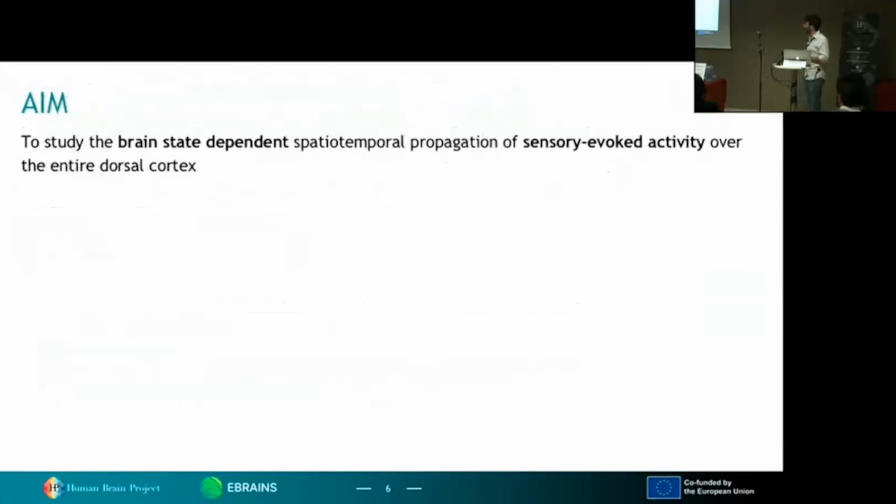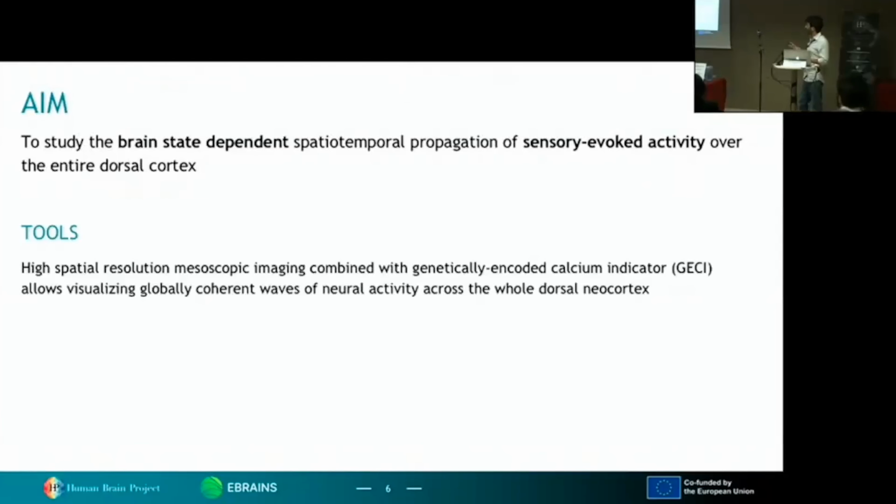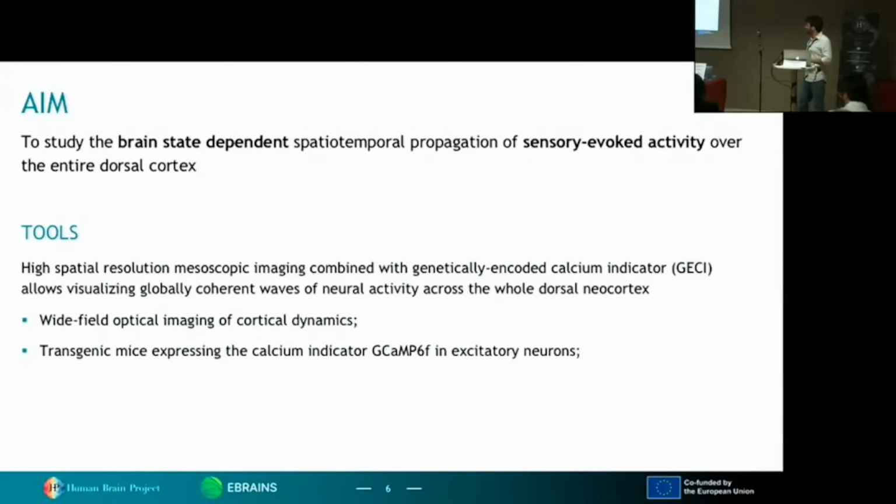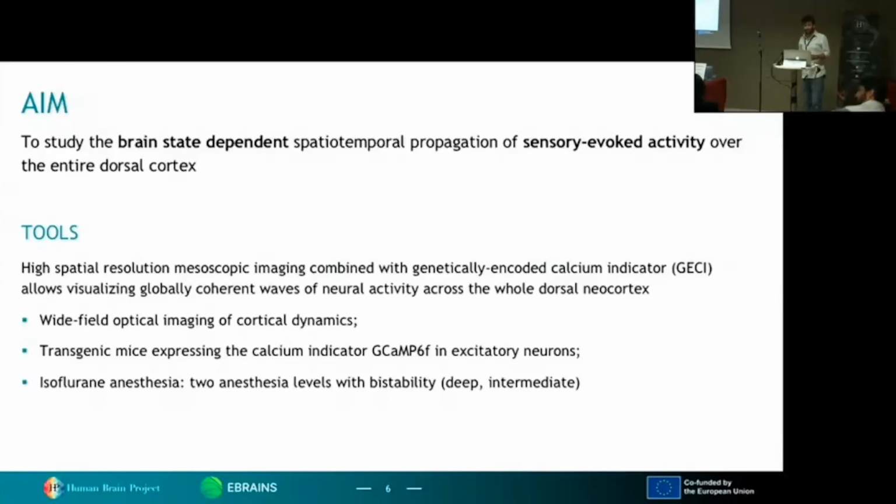So this is the aim of this project, and to achieve this aim, that is the study of the spatiotemporal propagation of the sensory evoked activity, we used wide-field optical imaging that allows to monitor at the mesoscale level the population neuronal activity, transgenic mice expressing GCaMP6f indicator, and isoflurane anesthesia to precisely move within the bistability regime from deep to an intermediate state of anesthesia.